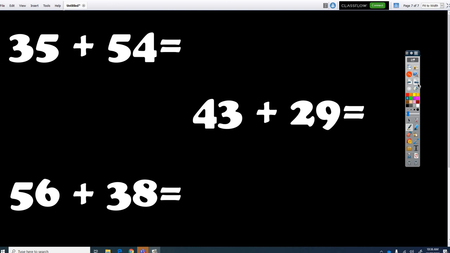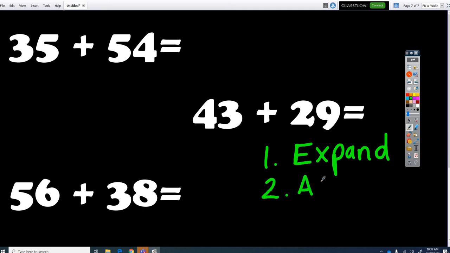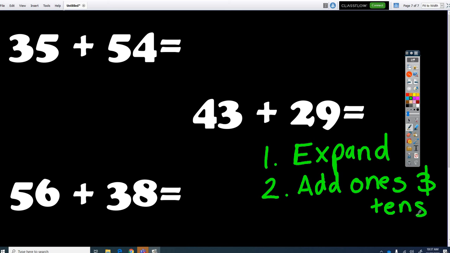Remember, the first thing you need to do in the break apart strategy, first thing, is you have to expand both the numbers or break them apart. The second thing you have to do is you have to add the ones and the tens. That's an and sign. Add the ones and tens.